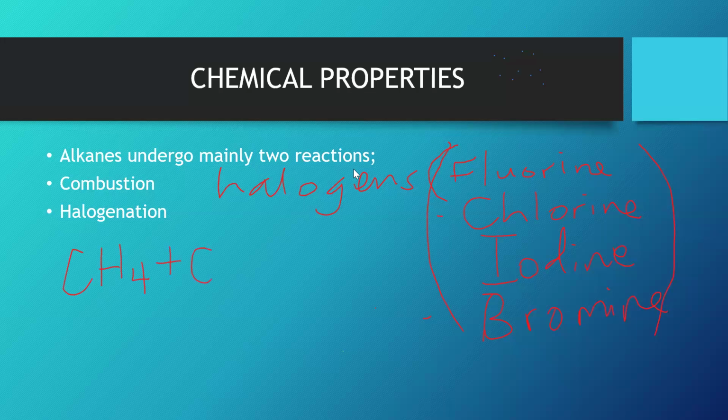So in this case, if I use chlorine, of course, I'm just using this as an example, but at this level, you don't really need these equations. So the condition for this reaction to take place, like for example, some equations in chemistry where we need heat, in this case, we need a condition of ultraviolet light for it to take place.